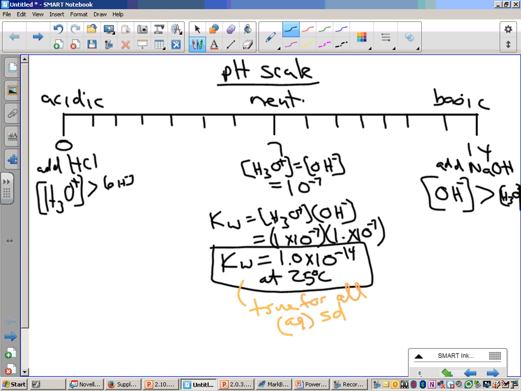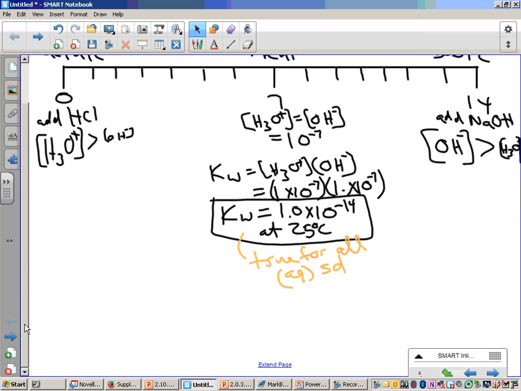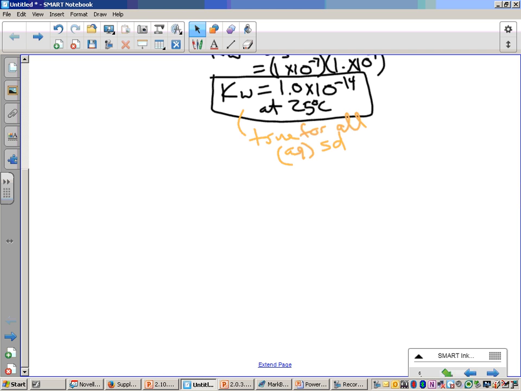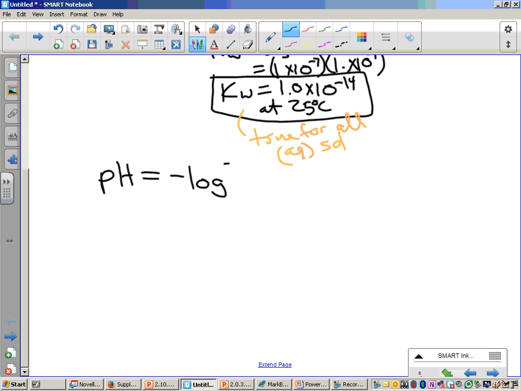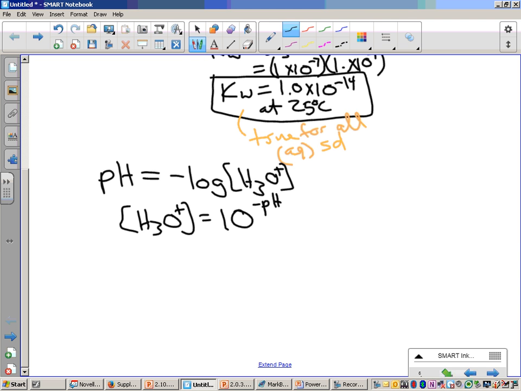Okay, let's put down some of our good old equations, and then we'll do some example problems. So pH equals negative log H3O plus concentration. If I want the H3O plus concentration back, that's equal to 10 to the exponent negative pH.